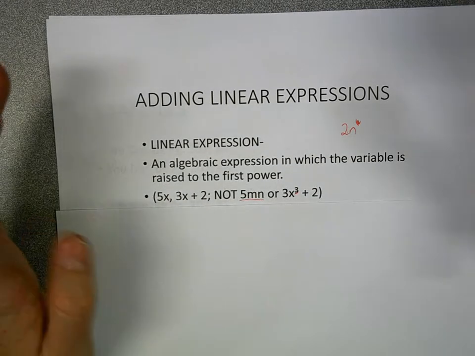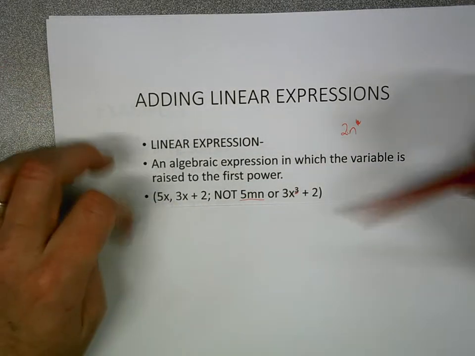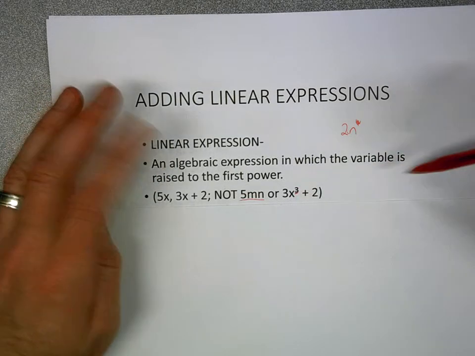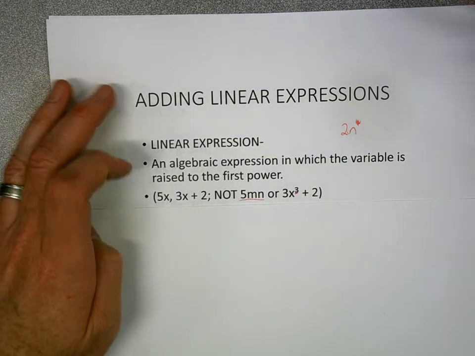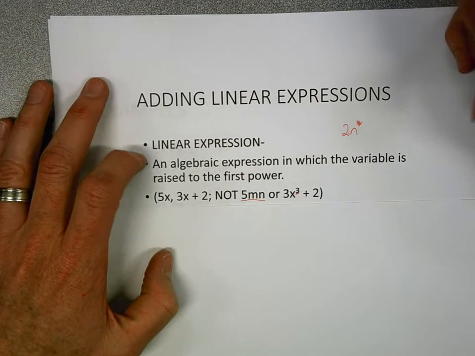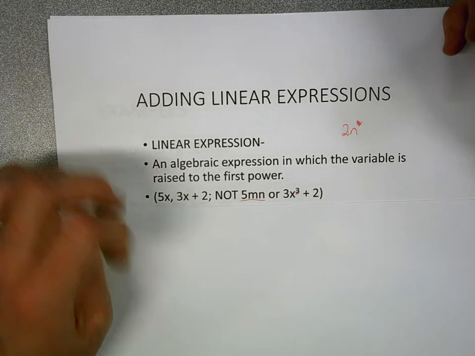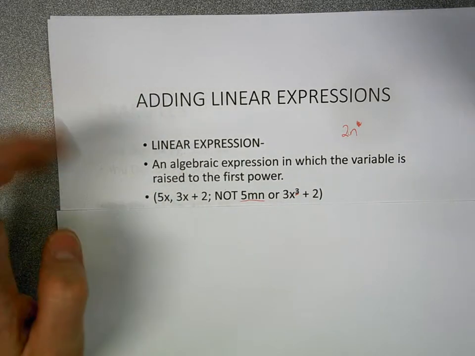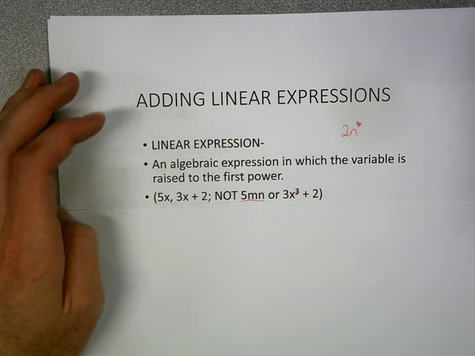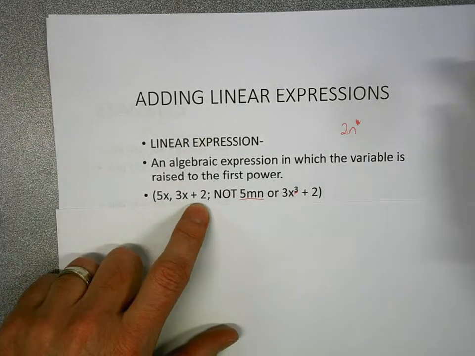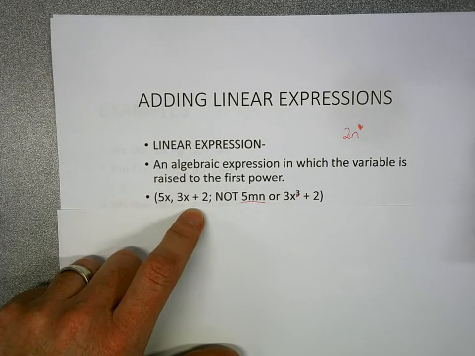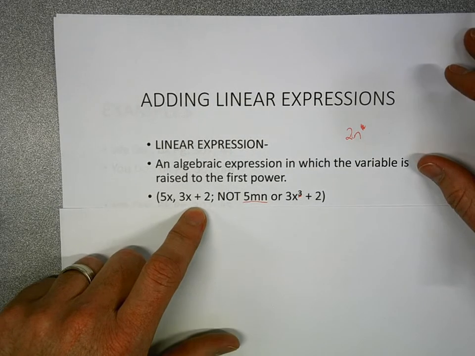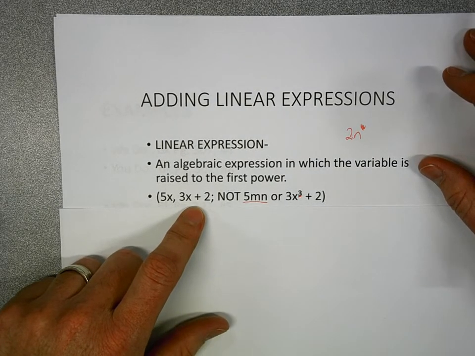Okay, now you still may say, okay, I see the examples, I see the definition, but Mr. Wilkins, I still don't know why it's called a linear expression. Well, as you get older, and maybe even a little bit this year, we are going to take expressions like this and graph them.